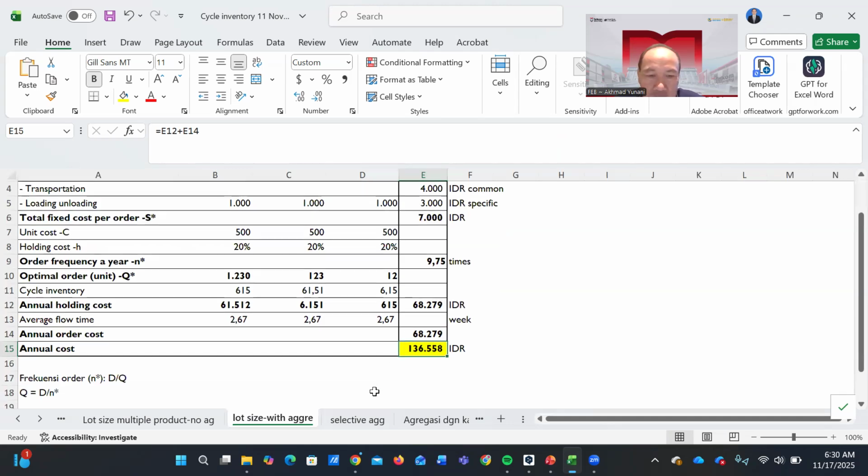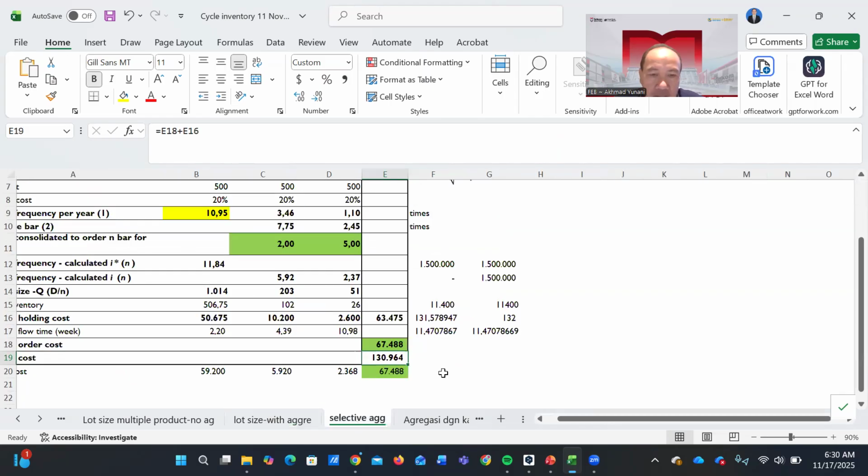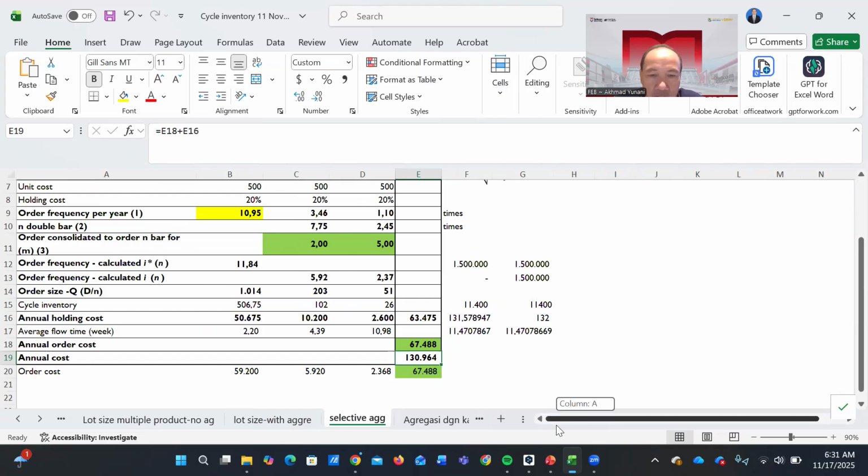And for the last scenario, we find that the total inventory cost will be 130,964 rupiahs. So the last scenario, aggregation with selection, is the most efficient.